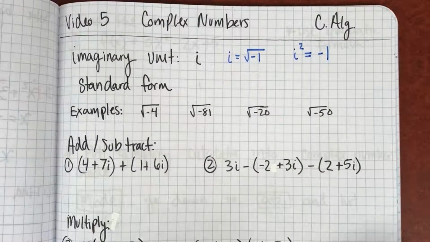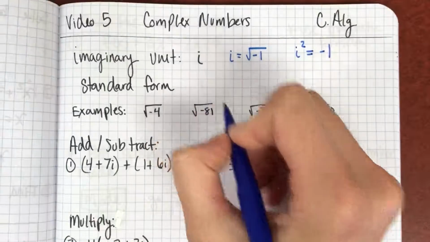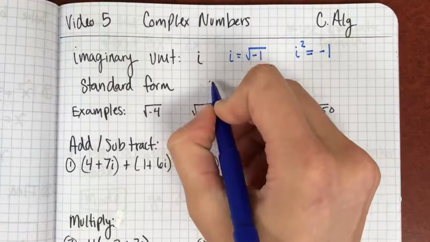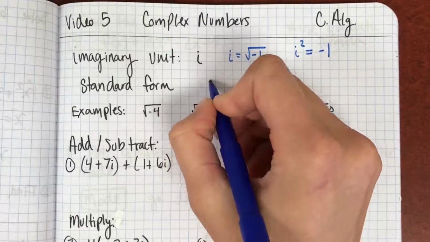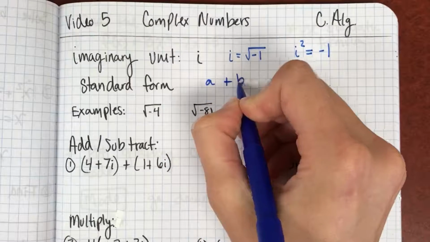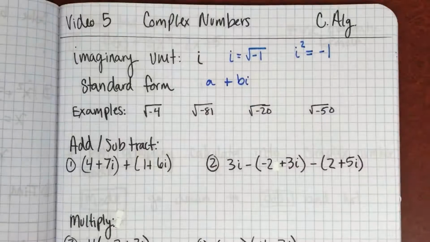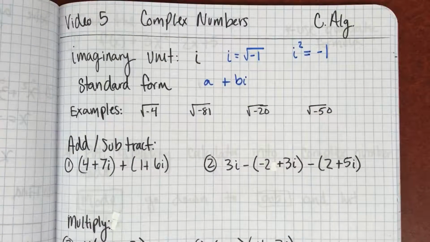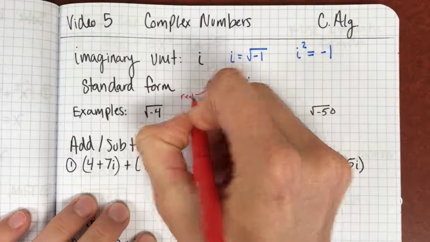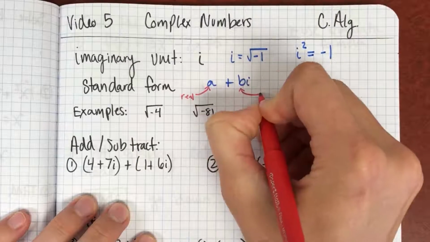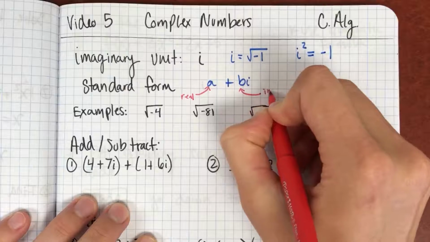All right, and standard form of a complex number, complex meaning it has imaginary and regular numbers, would be a plus bi. The a is your real number. The b part is your imaginary part.